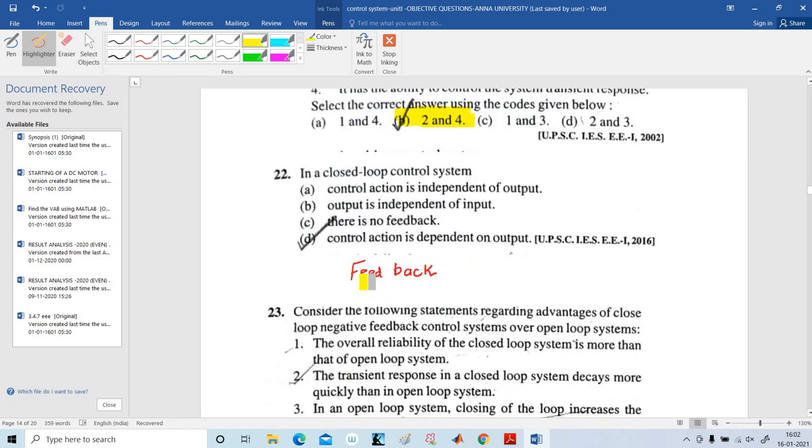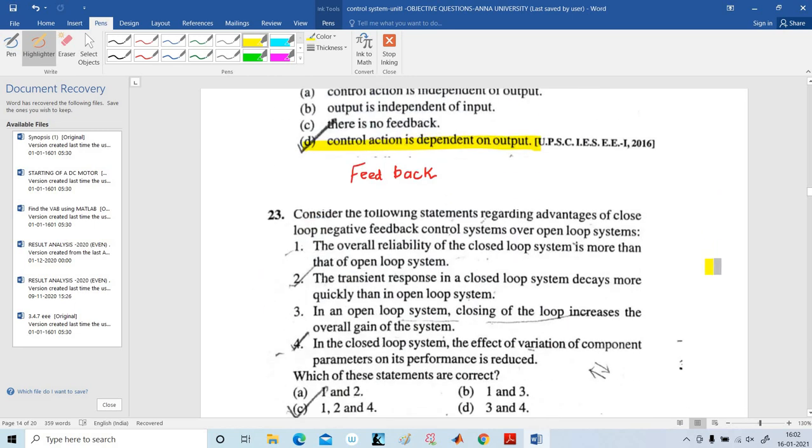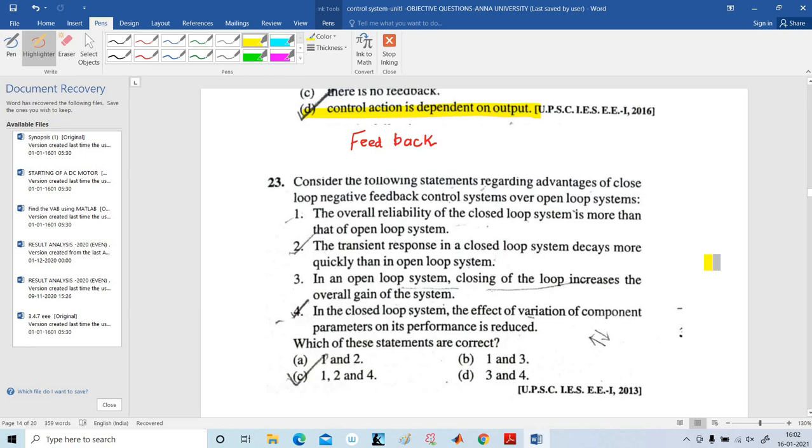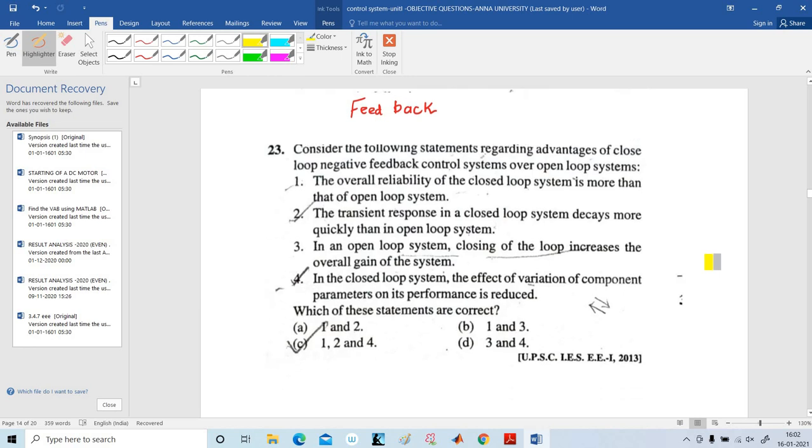Next, in a closed loop control system, control action depends on the output because feedback is employed in the closed loop control system. Consider the following statements regarding advantages of the closed loop negative feedback control system over open loop system. The first one, overall reliability of the closed loop system is more than the open loop system. That is correct. Reliability is more.